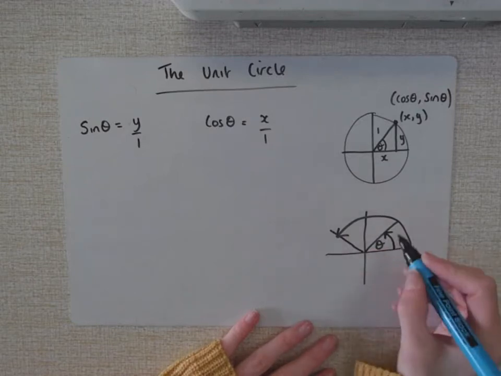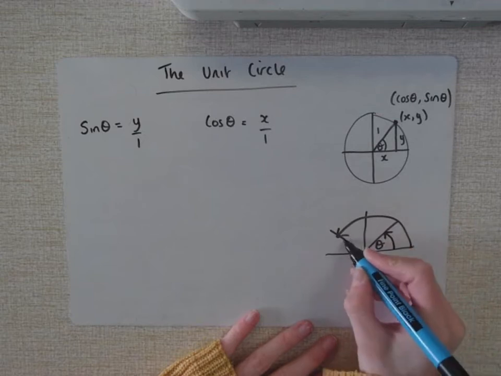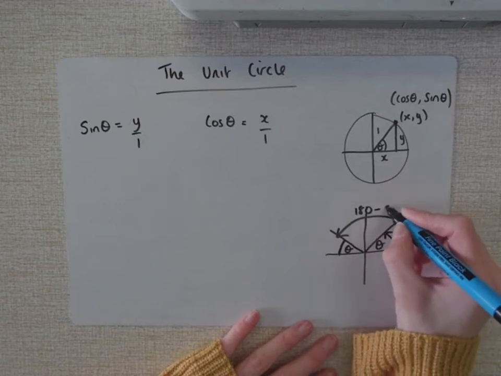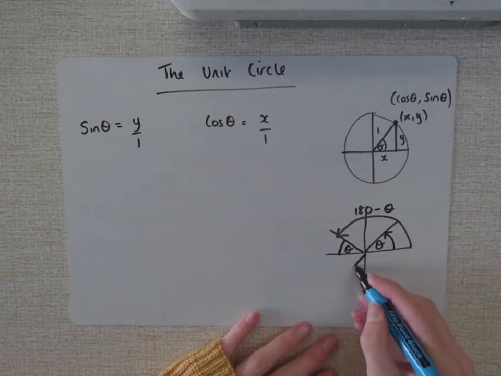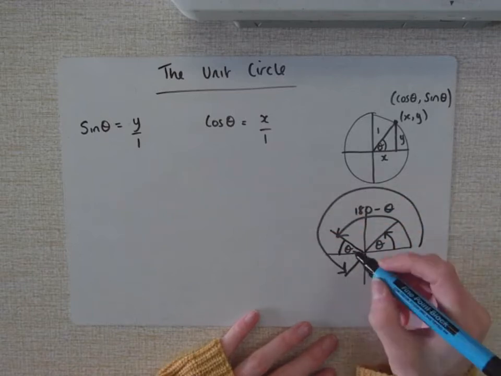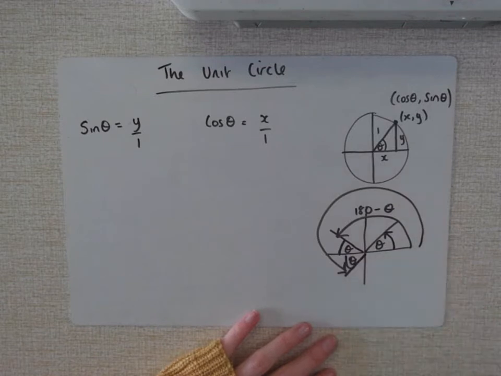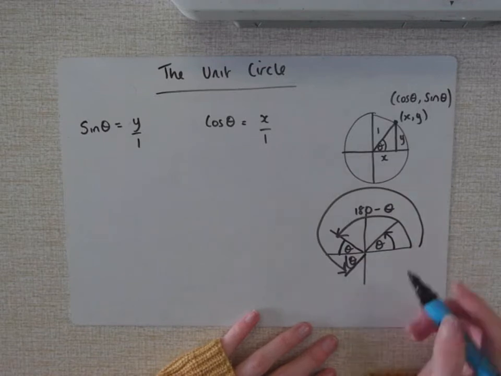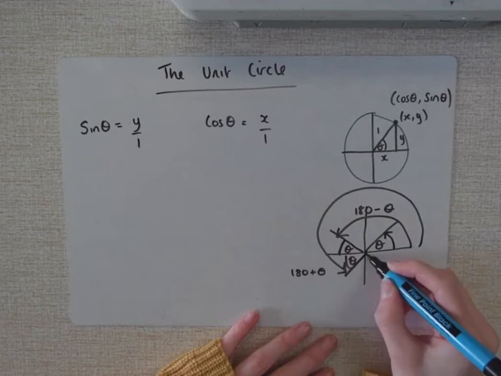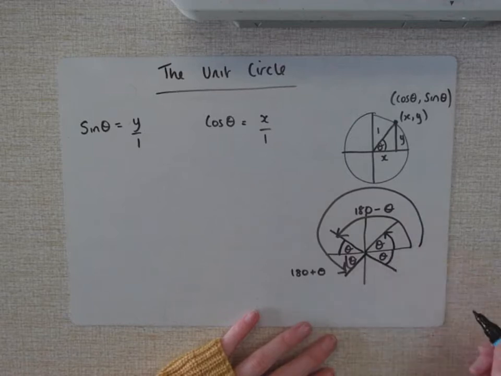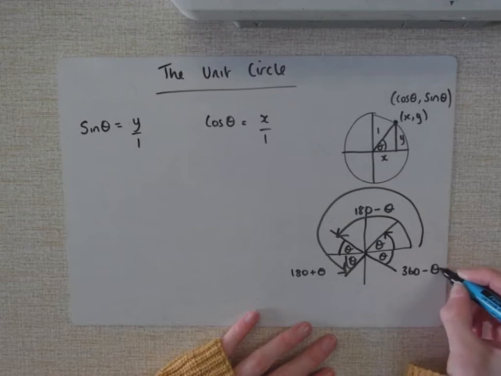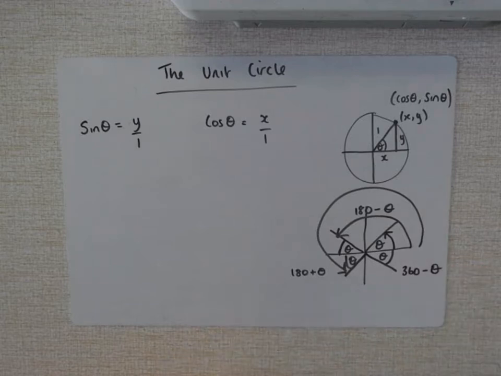If we're calling this bit here theta, then this would be 180 minus theta. What if I wanted to get here? I have to go all the way around to there. If that's theta, how would I get to that? 180 plus theta, good. And then here, 360 minus theta.